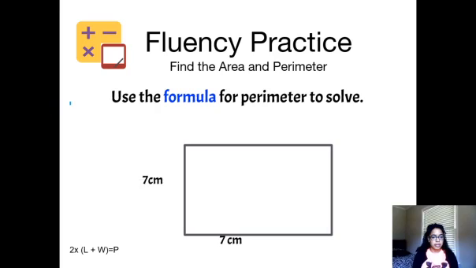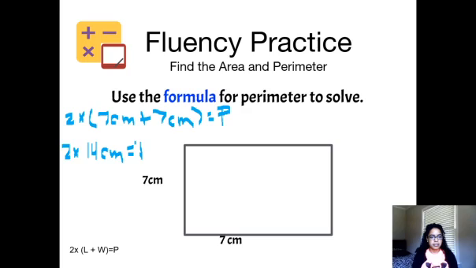So 2 times, and then let's plug in 7 centimeters plus 7 centimeters equals perimeter. 2 times, and then 7 plus 7 is 14 centimeters, equals perimeter. 2 times 14 is 28, so 28 centimeters is our perimeter. 49 was our area, so everything within here was 49 centimeters squared, and the perimeter, the outer edge of this rectangle, was 28 centimeters.